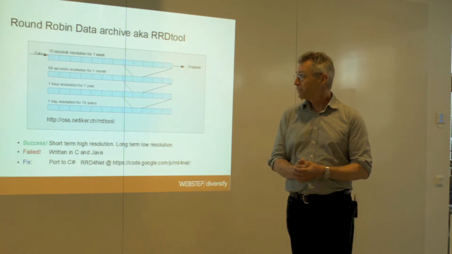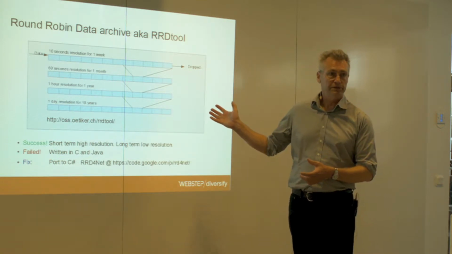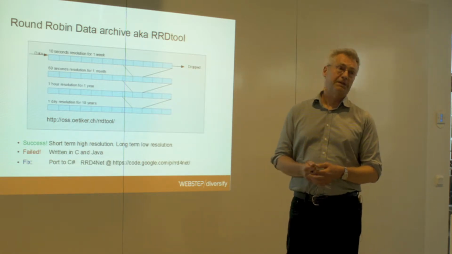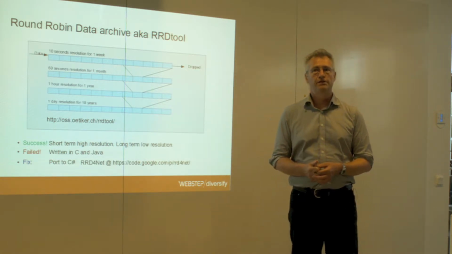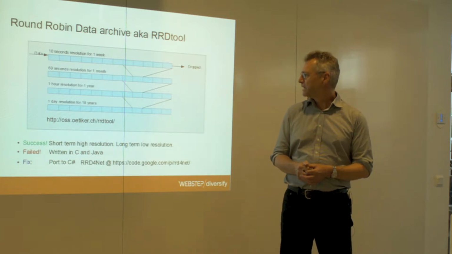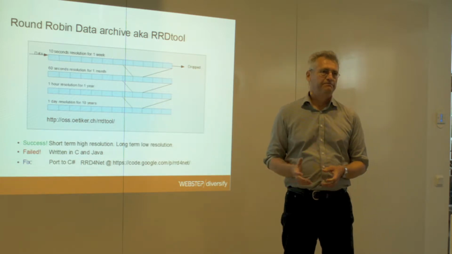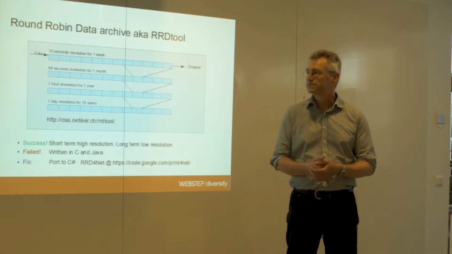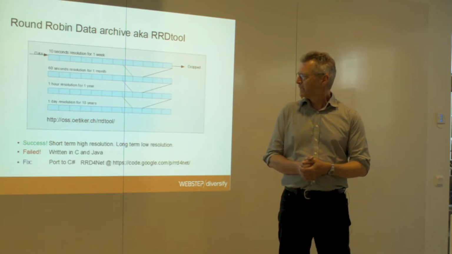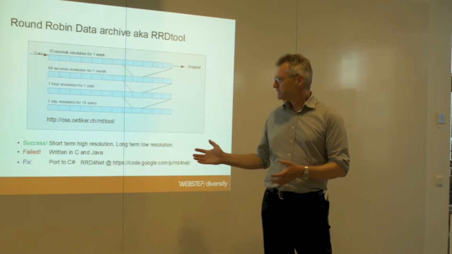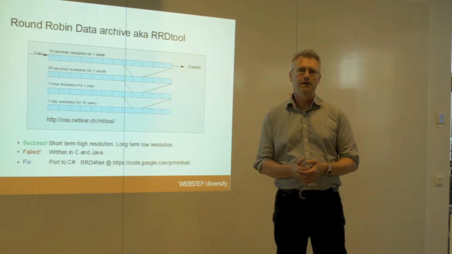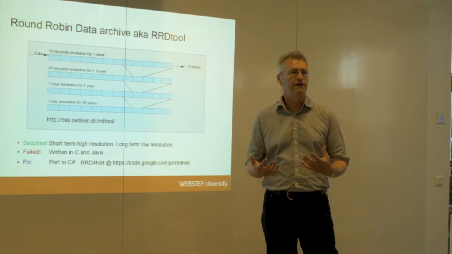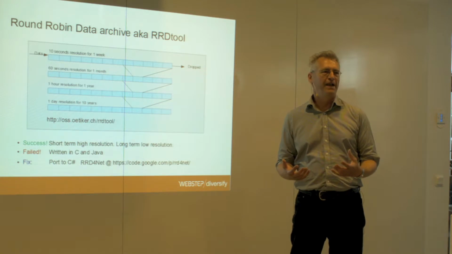So I got both the repository, the storage, and I got a package for presentation. So I also made a C# native client to display and set up the charts and things like that. In the C version you have command line parameters to set up the chart and things like that in a kind of language.